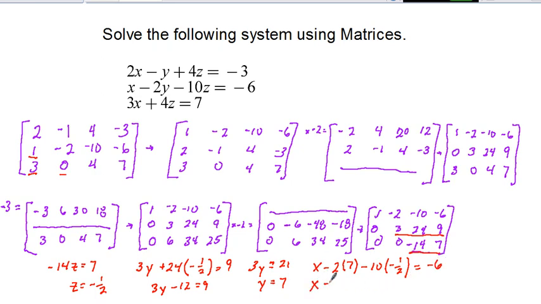I've got x minus 14, negative times a negative is a positive 5, equals negative 6. So negative 14 plus 5 is negative 9. Add 9 to both sides, we get x equals 3. Okay, so therefore we're claiming that our solution is going to be 3, 7, negative 1/2.